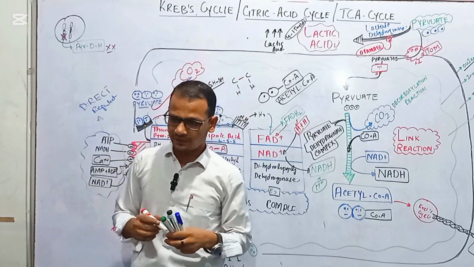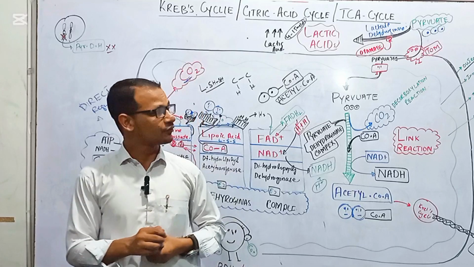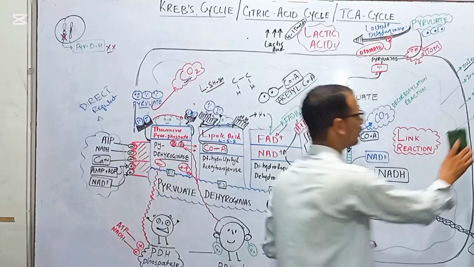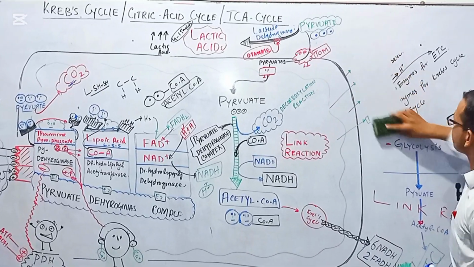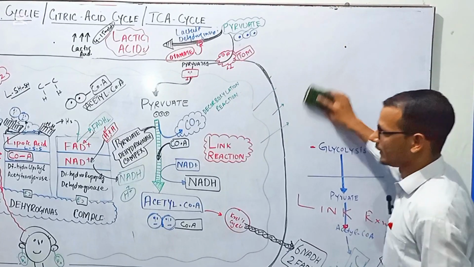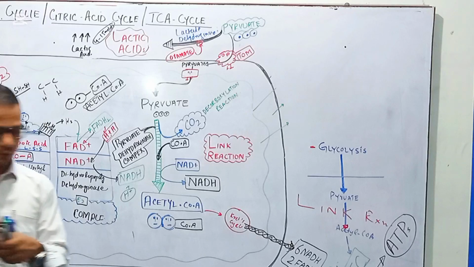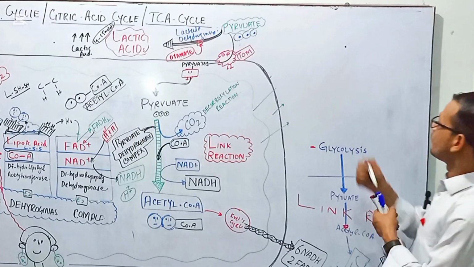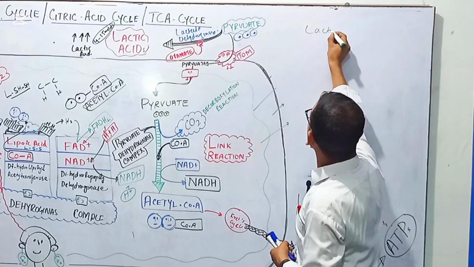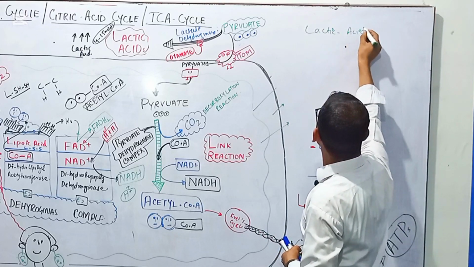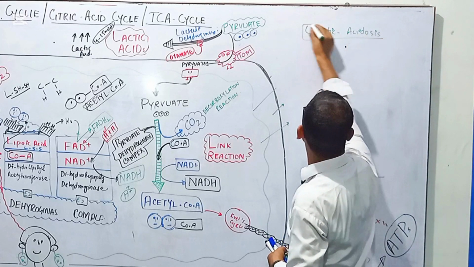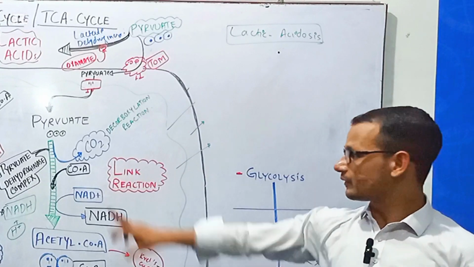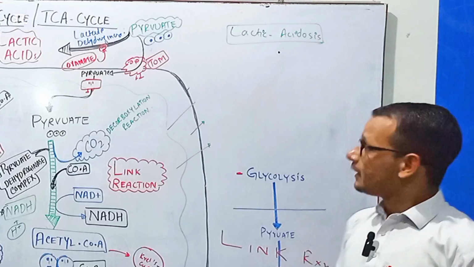And when a lot of lactic acid is formed in the cell, it will lead the body to lactic acidosis. For example, if there is more than 15 mg per dL lactic acid in the body, it will cause lactic acidosis, and lactic acidosis is a very important clinical feature of this link reaction, right?